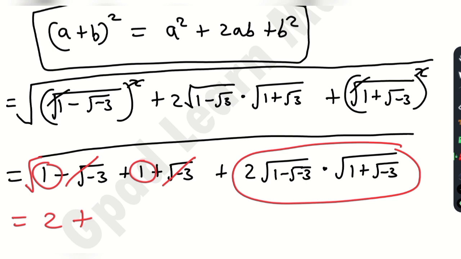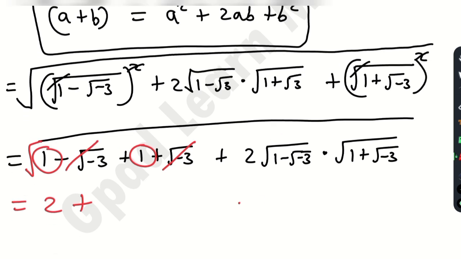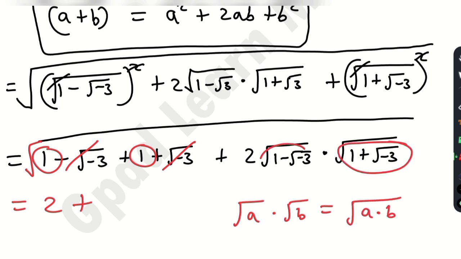Does this not look like a difference of two squares? See, this is minus, this is plus. But before we even talk about difference of two squares, let us write this under one radical symbol. If you have the square root of a times the square root of b, this can be rewritten as the square root of a times b. So I'm going to put this and this under one big radical symbol.